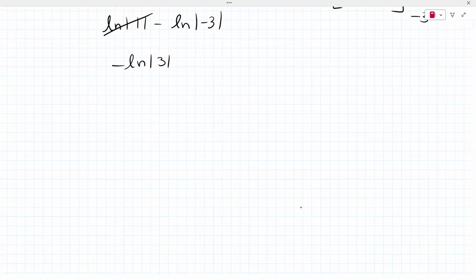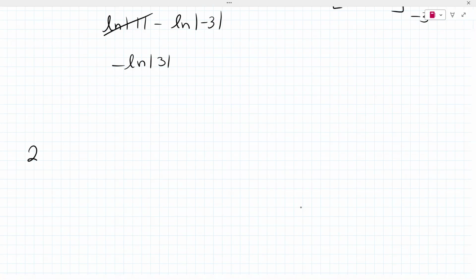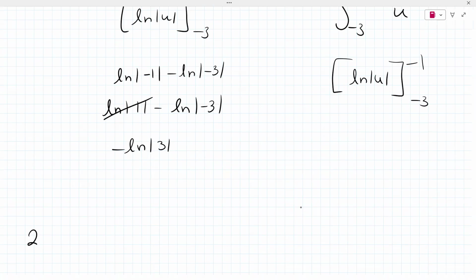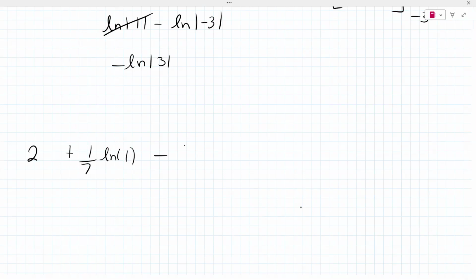So when you put it all together, you should get 2. When you do all the work, you should get 2 plus 1/7 ln of 1 minus 1/7 ln of 3 minus 1/7 ln of 6 plus 1/7 ln of 4.